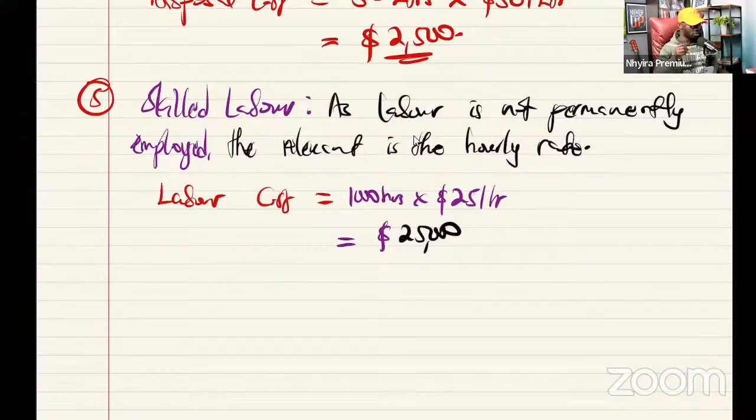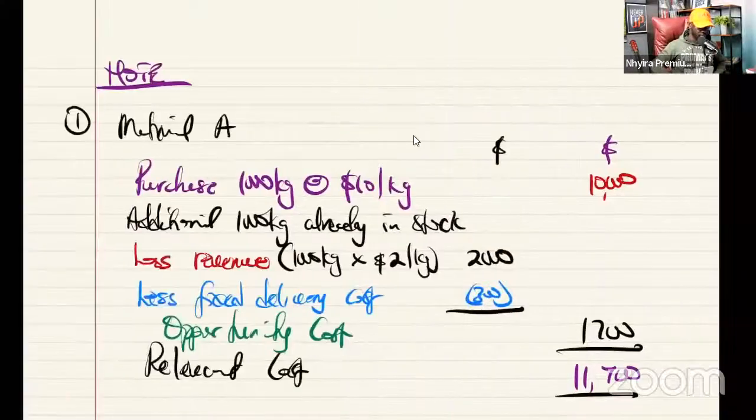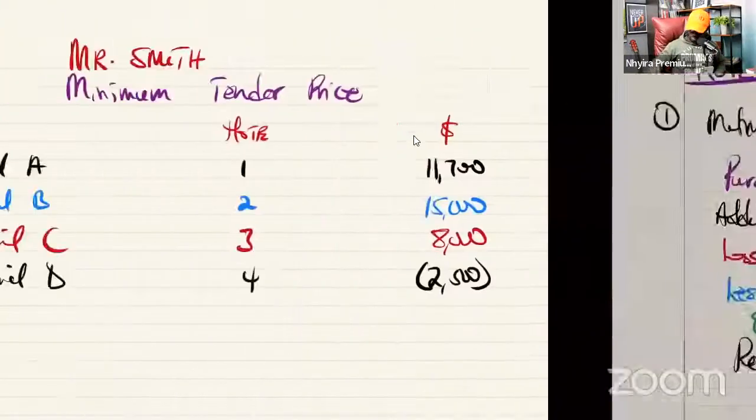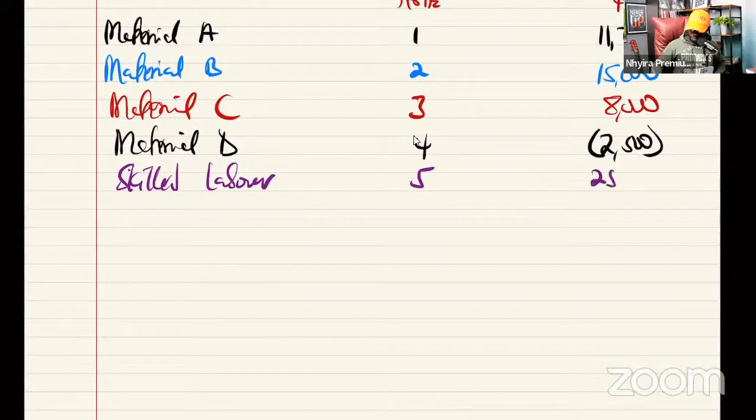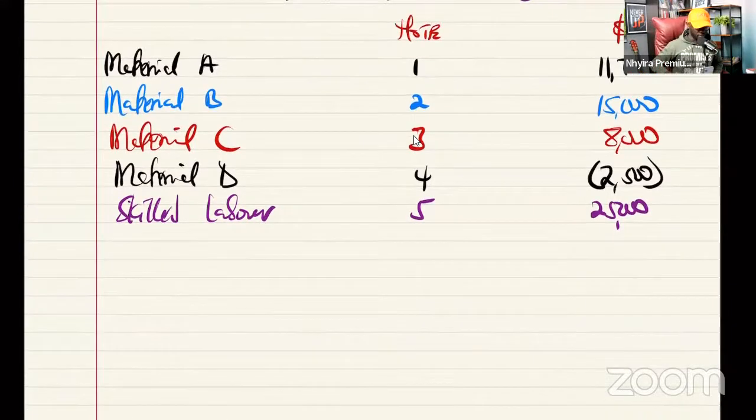So that is note 5 for us here. Skilled labor, note 5, 25,000.